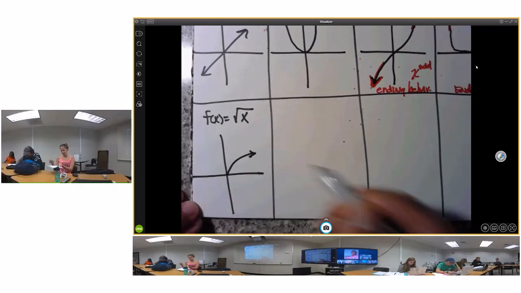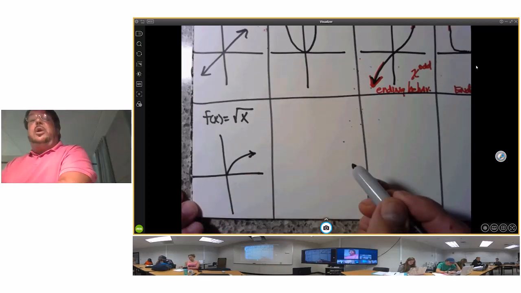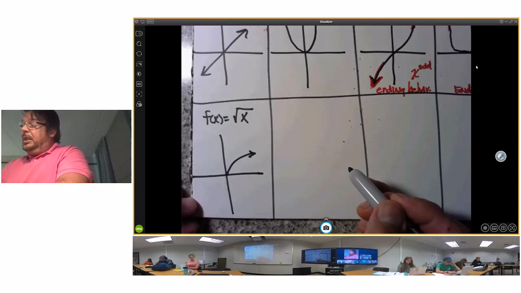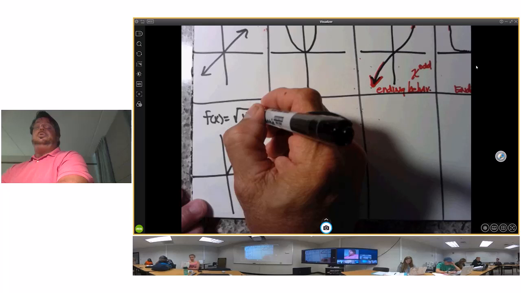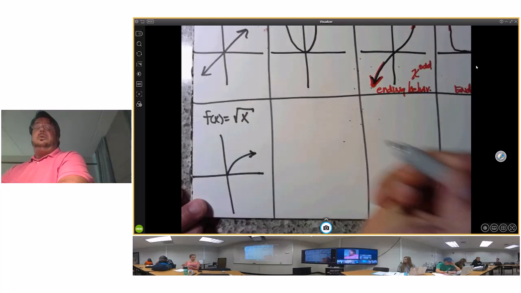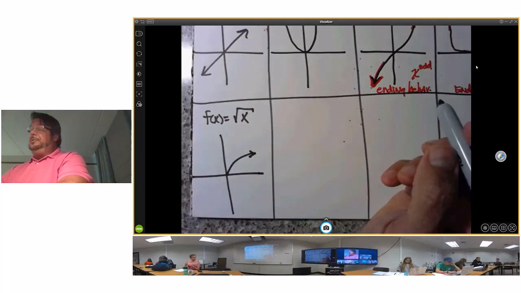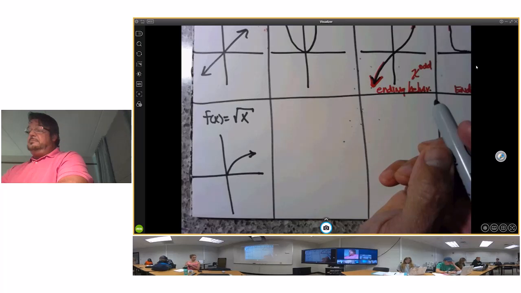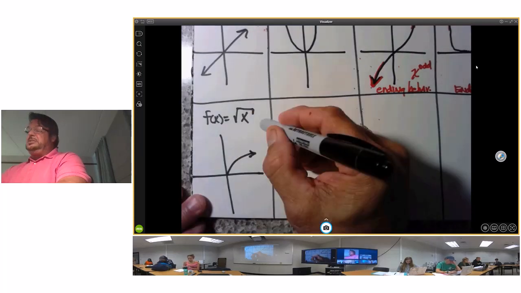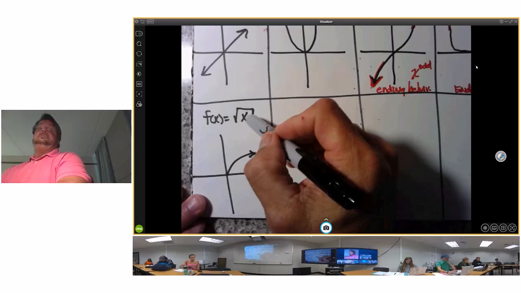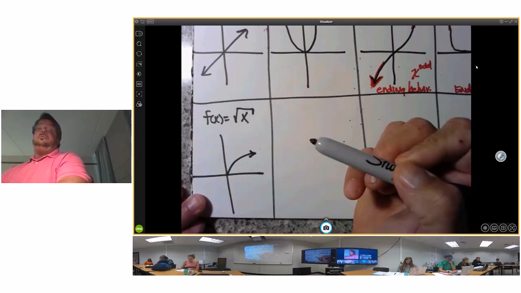So if I had the square root of x, and then I had a plus 1 out here, what would the plus 1 be? A vertical or a horizontal shift? It'd be a vertical shift because I got this little tag right here and I had this plus 1. Now what if I had the plus 1 in the tag? Then that would be a horizontal shift because it's attached to the x, not the function.